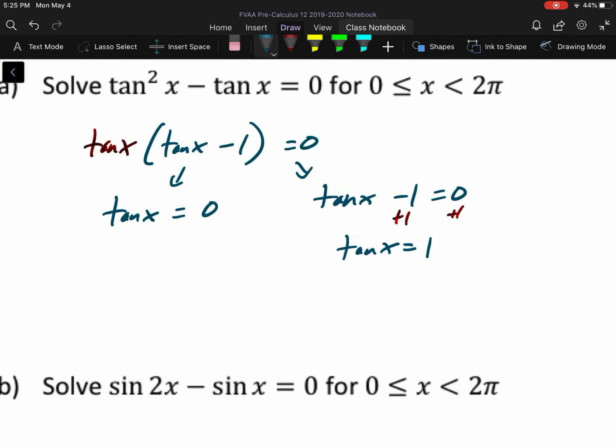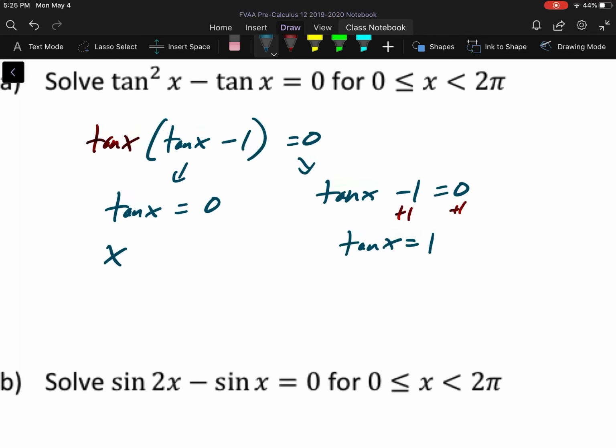All right, so for our solutions, where on the unit circle is tan x equal to 0? The ratio of y over x, but not undefined. That's an important point, because if your point is undefined, then you have a problem. If your y is 0 and your x is a number other than 0, you're fine.